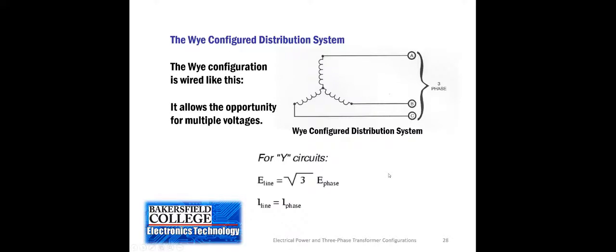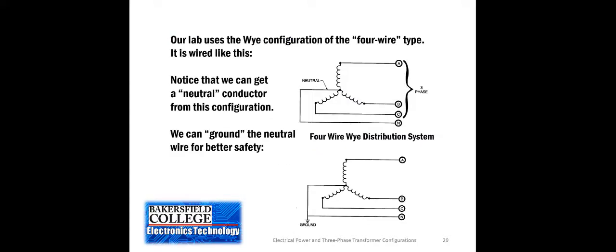So for the voltage, you have to use the square root of 3, but the phase current and line current are the same. Now, one of the advantages of a Y configuration is that we can pull a neutral out of the center.